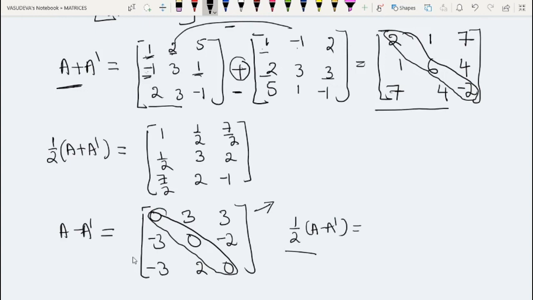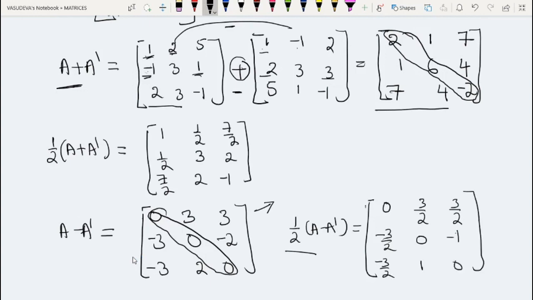Half of A minus A dash is dividing all the elements by 2, that is multiplying all the elements by 1 by 2: 0 by 2 is 0, 3 by 2, and this is 3 by 2, and minus 3 by 2, 0, minus 2 by 2 will be minus 1, and minus 3 by 2, 2 by 2 is 1, 0.